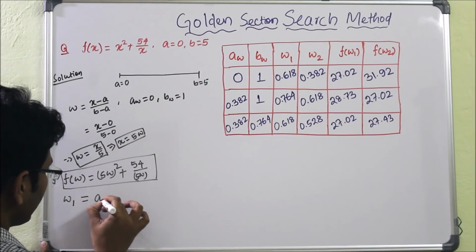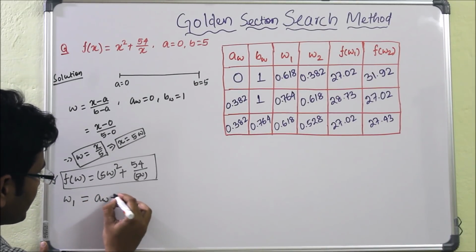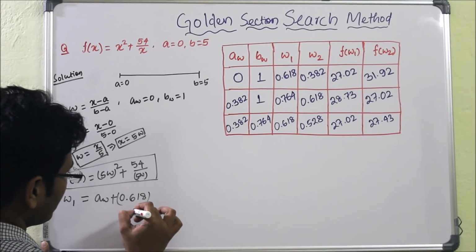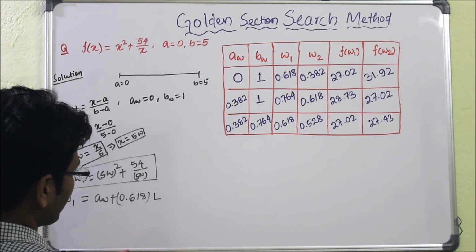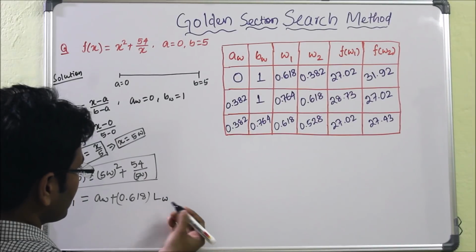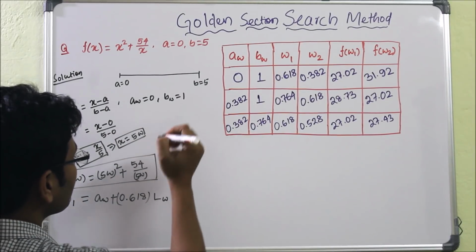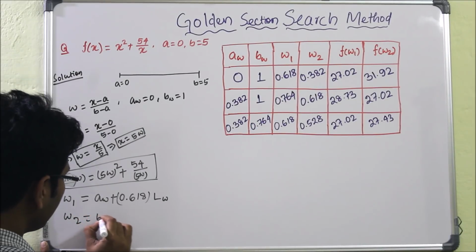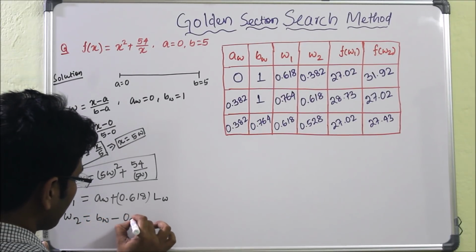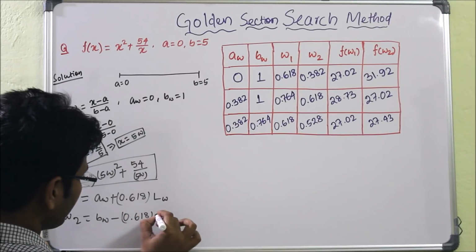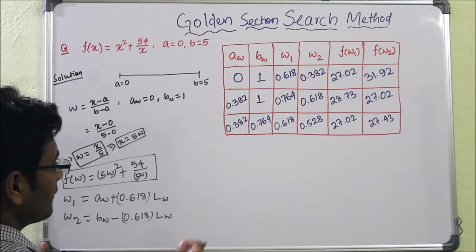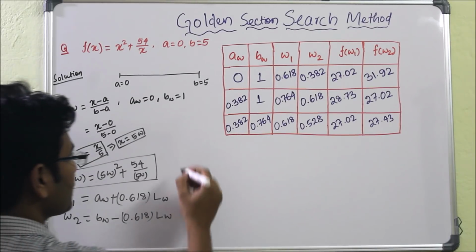So w1 is aw plus 0.618 into lw, where lw here is 1, and w2 equals bw minus 0.618 into lw. So lw will vary in each iteration.